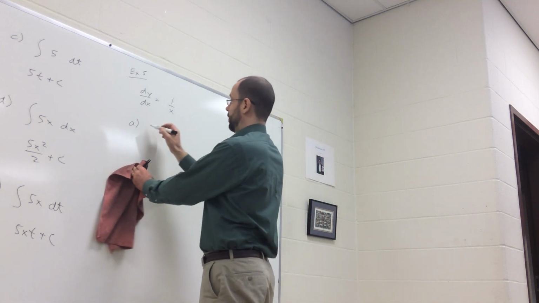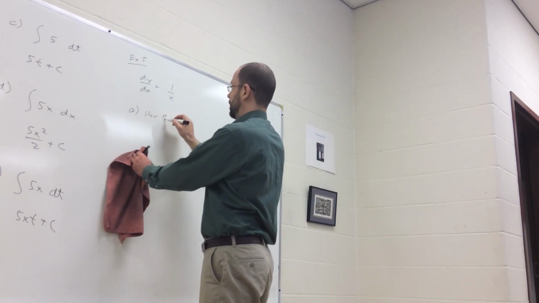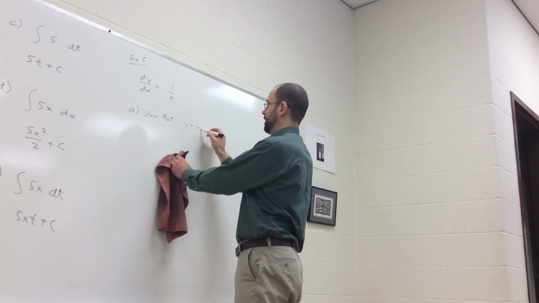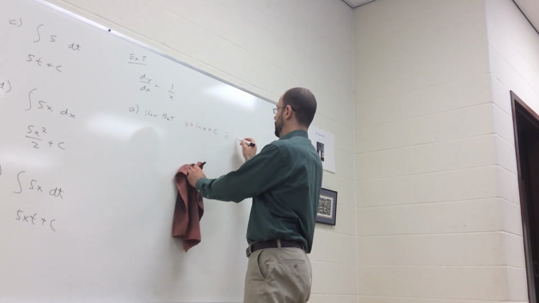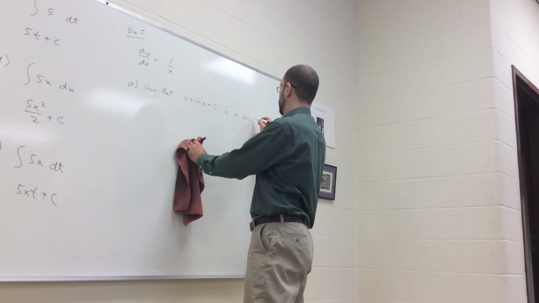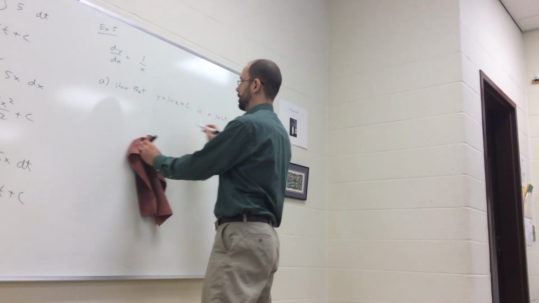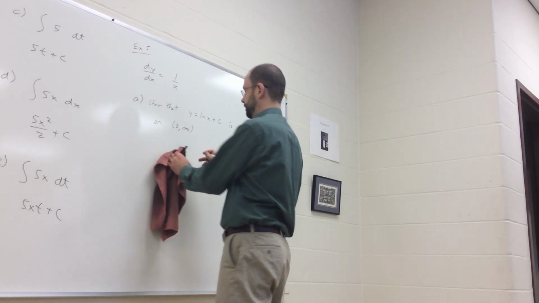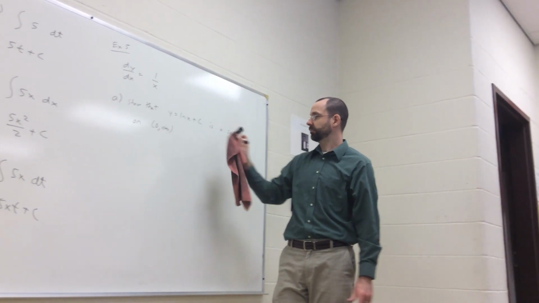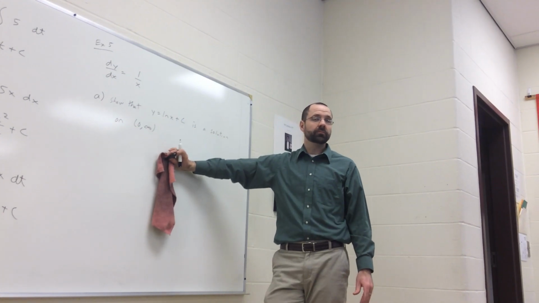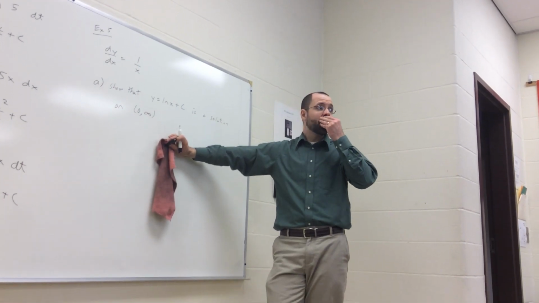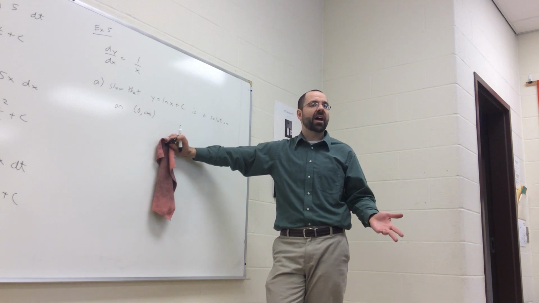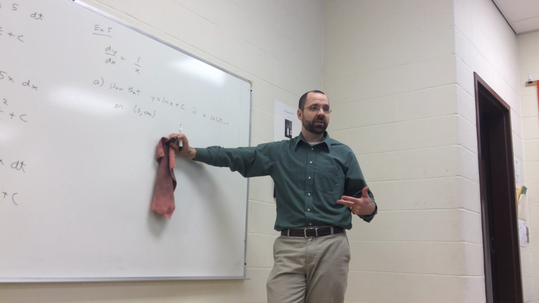Okay, so for part A, we're going to show that y equals ln of x plus c is a solution on the interval 0 to infinity. So when you take an antiderivative, how can you check to see if you have the right answer?